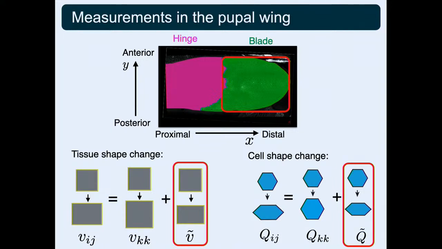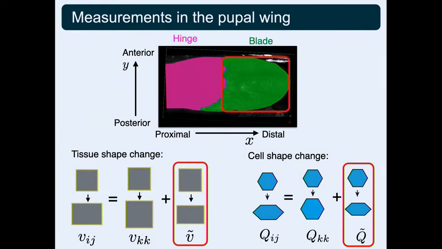Because we are going to focus only on the blade, if you recall, the blade was extending anisotropically, meaning it was extending in the x direction. At the same time, the deformation in the y direction was equivalent, so that the area was unchanged. So I will compute the overall change of this anisotropic extension of the blade, and on average how the cell shape is changing inside.